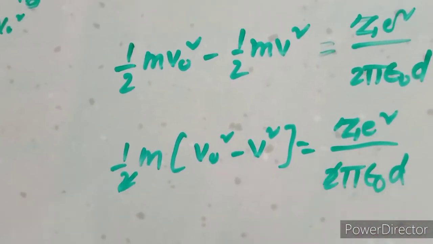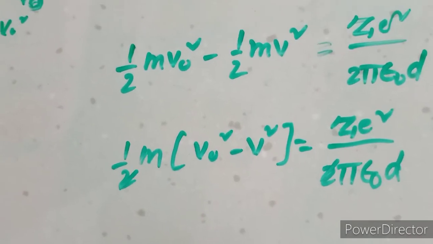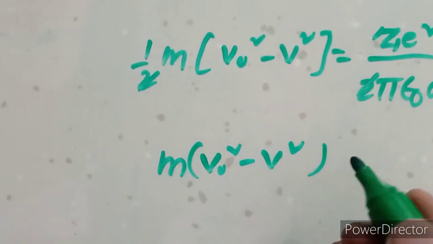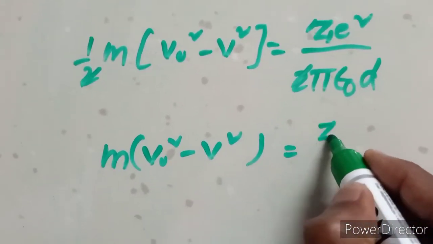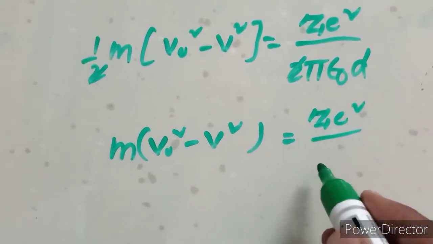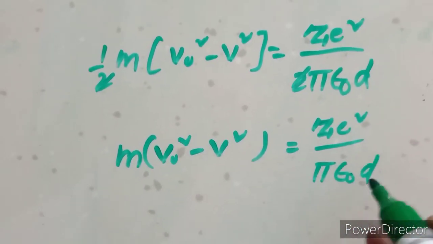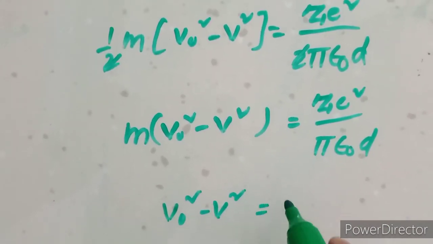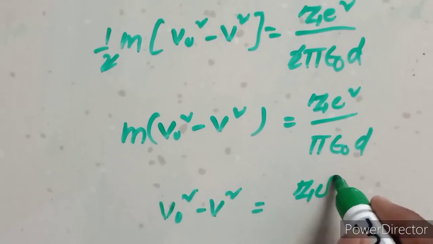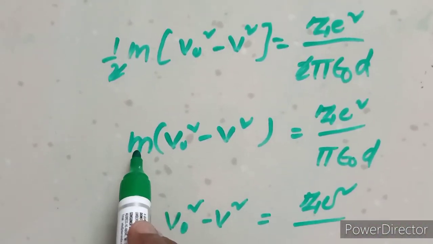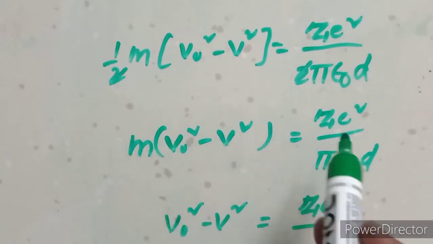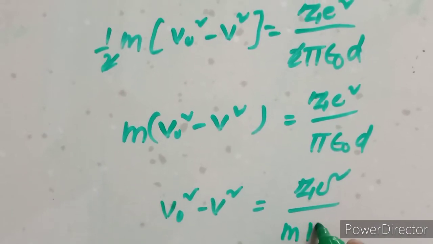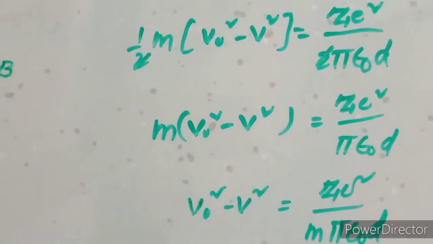Here half m is common: v naught square minus v square equals Ze square upon 2 pi epsilon naught d. Here the 2 cancels, so m into v naught square minus v square equals Ze square upon pi epsilon naught d. On the right hand side m is the divisor, so v naught square minus v square equals Ze square upon m pi epsilon naught d.